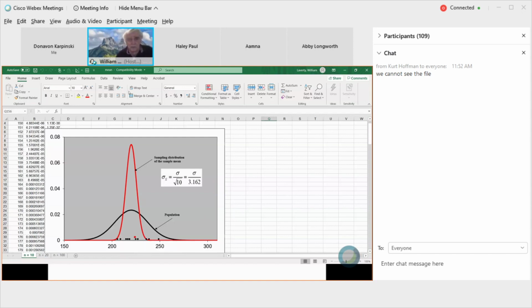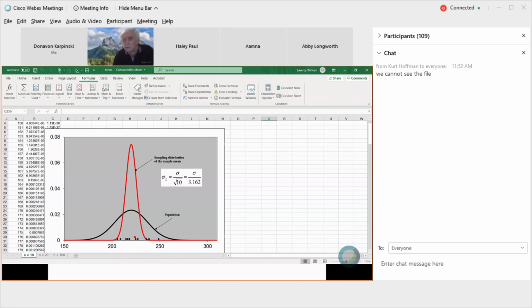Now, if you go to formulas, if I press this button here, it'll regenerate the black observations, and the mean, the red dot, is the average of those observations.